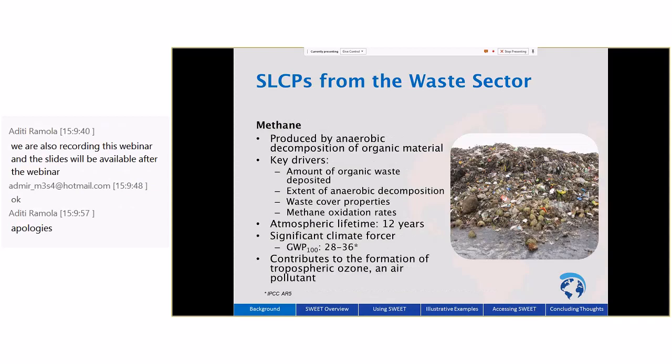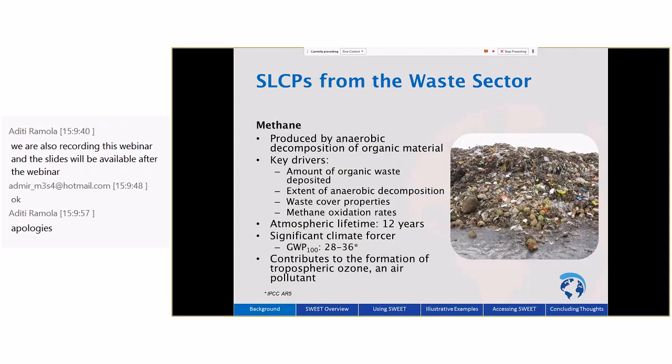Methane, on the other hand, is produced by anaerobic decomposition of organic material, such as organic waste in landfills or dump sites. Some of the key drivers that influence methane emissions from these sites include the amount of organic waste deposited, the extent of anaerobic decomposition, cover properties, and oxidation rates.